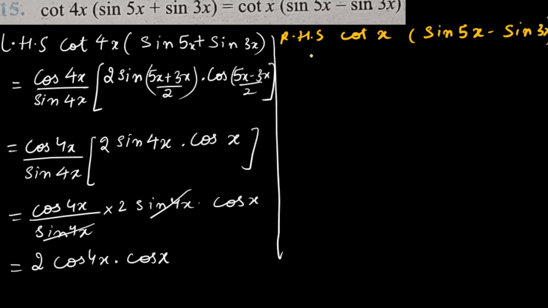Cot we can change to sine and cos. So cot x is equal to cos x by sine x. It is the same relation which we used on the left hand side also.